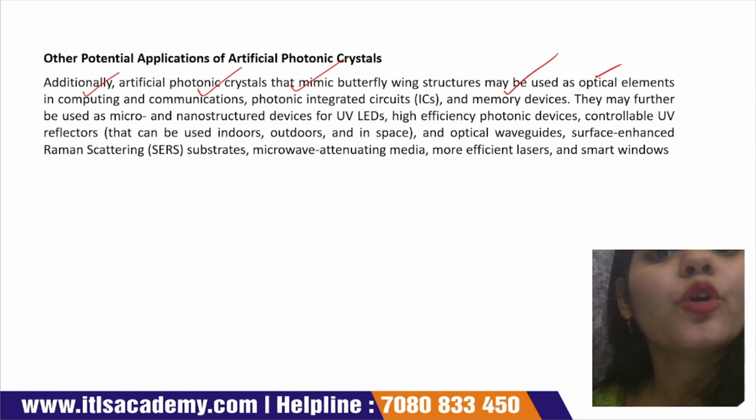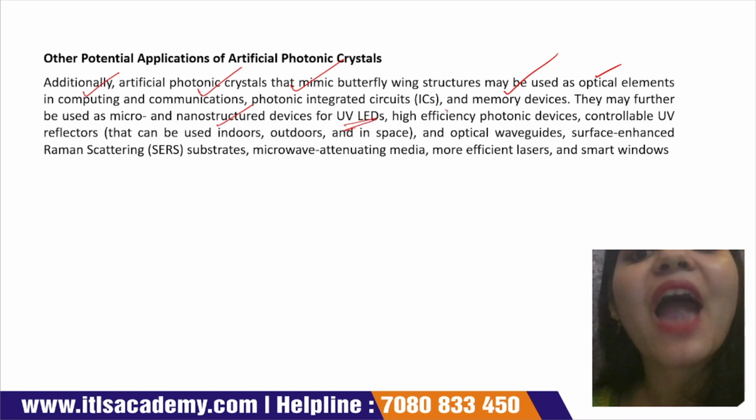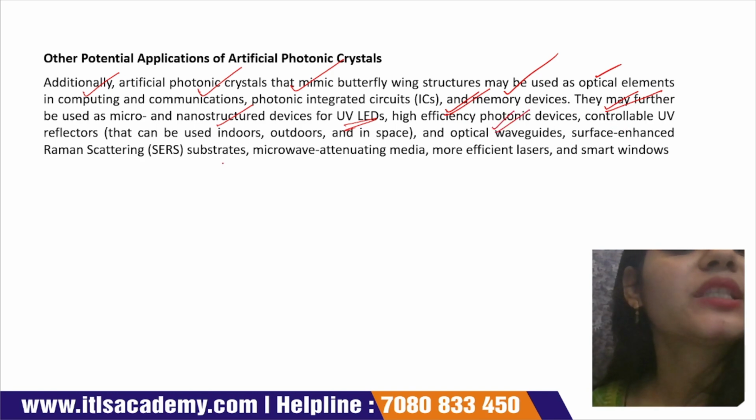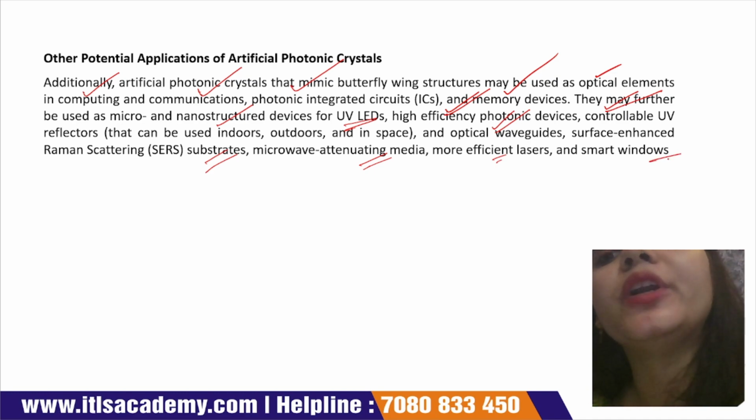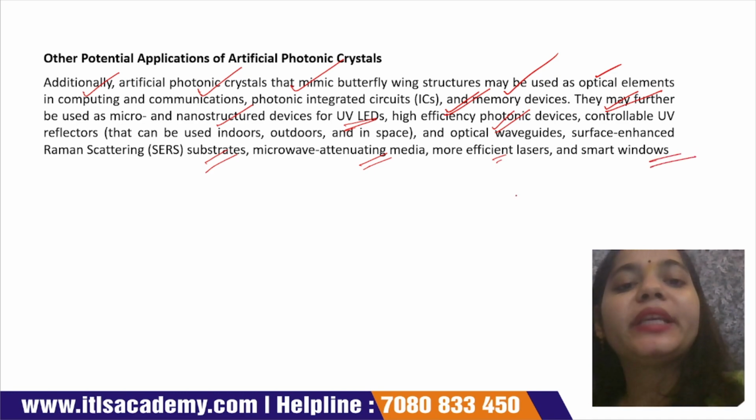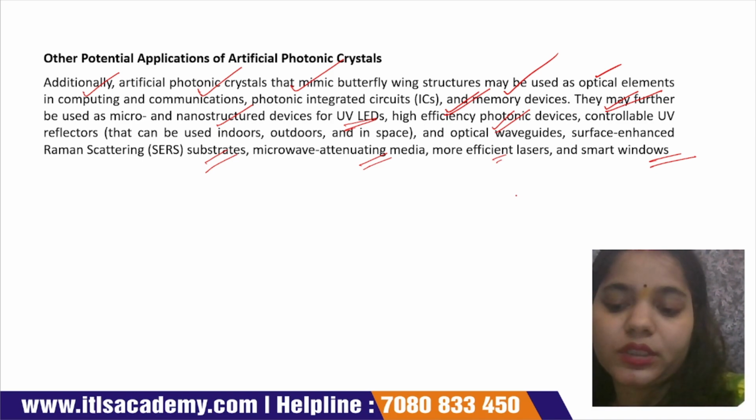And these biomimetic butterfly wing nanostructures can be used in micro and nanostructure devices for UV light, high efficiency photonic devices, controllable UV reflectors, optical waveguides, surface enhanced Raman scattering substrates, microwave attenuating media, more efficient lasers and smart windows also. These are the applications of butterfly wing inspired nanotechnology.